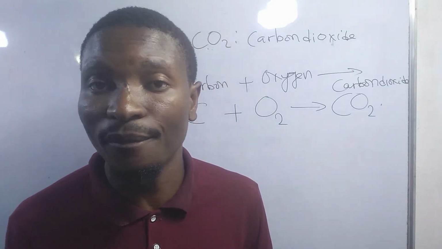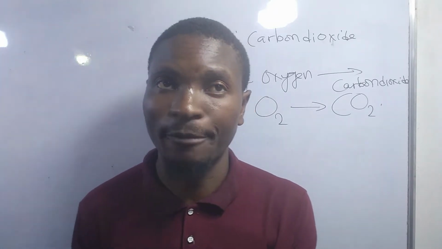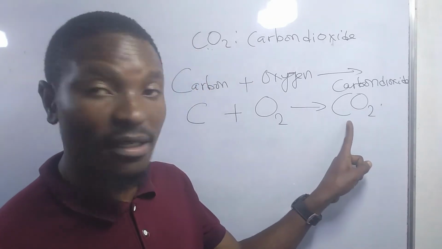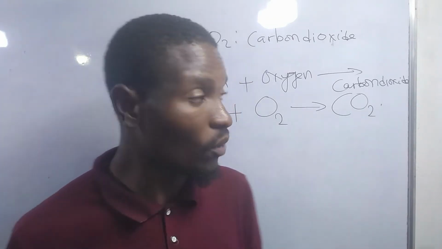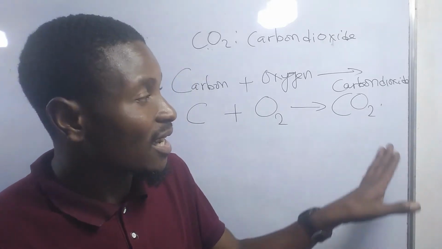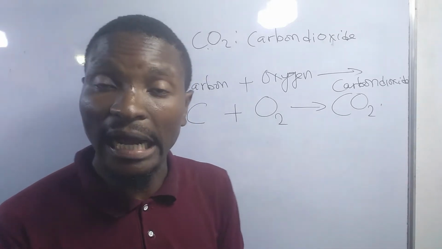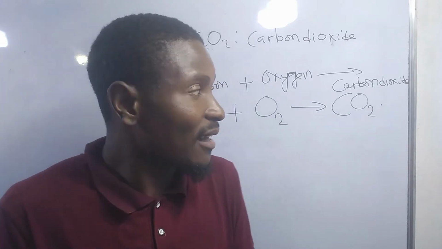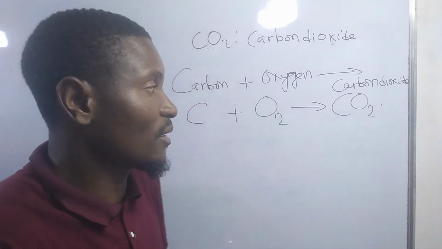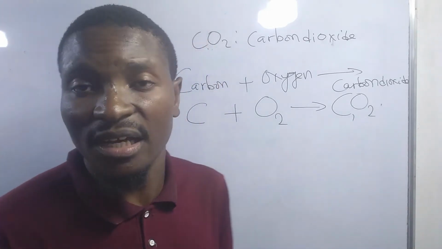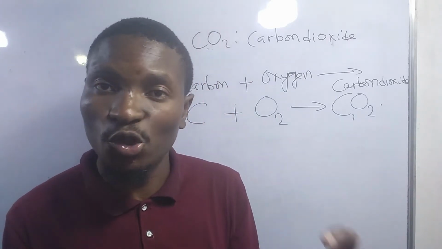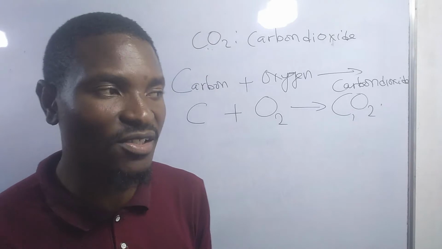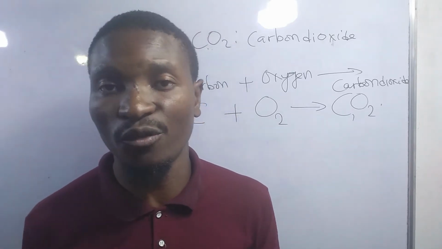What is their combination? When you look at the carbon dioxide, you can see that the oxygen has 2 as a subscript number, and the carbon doesn't have any number, but with that you can say the carbon is just 1. So the way in which these two elements are combined is what is normally referred to as an empirical formula.